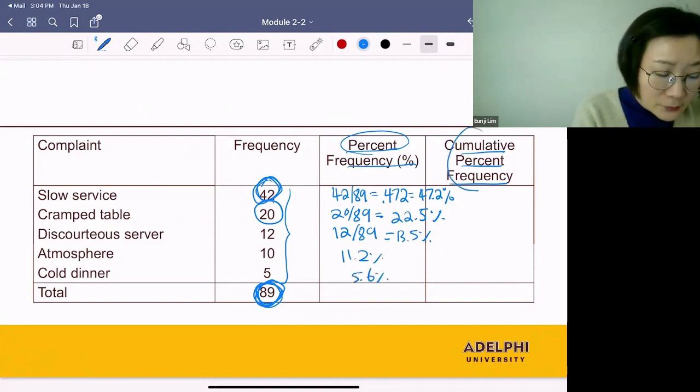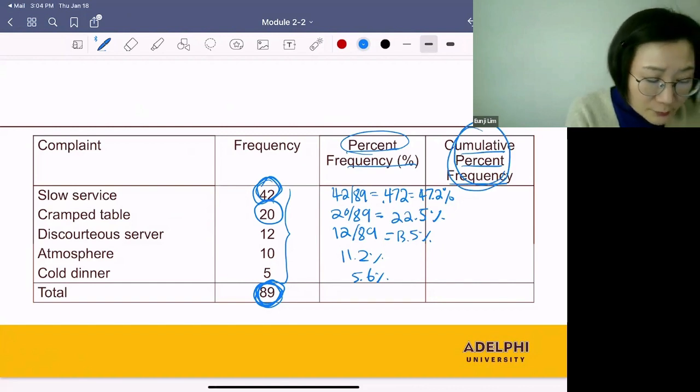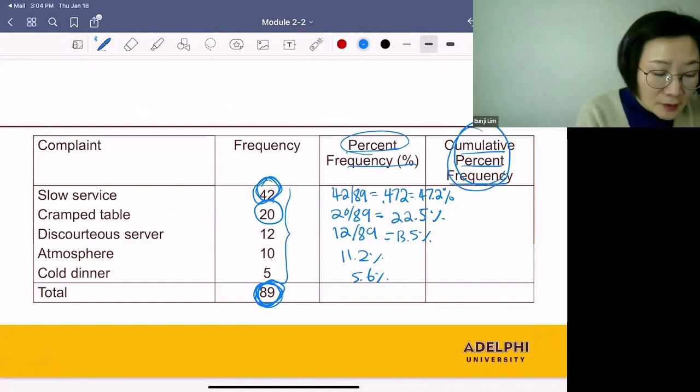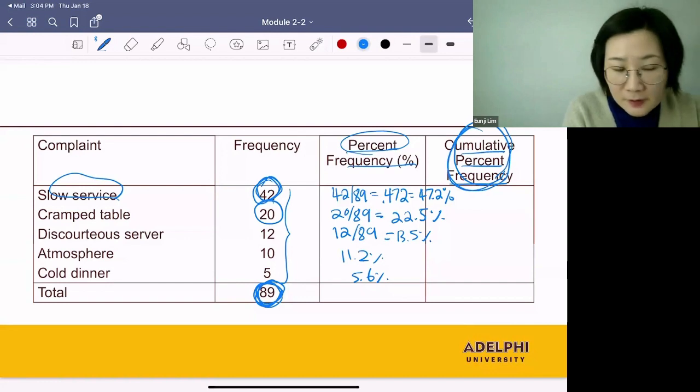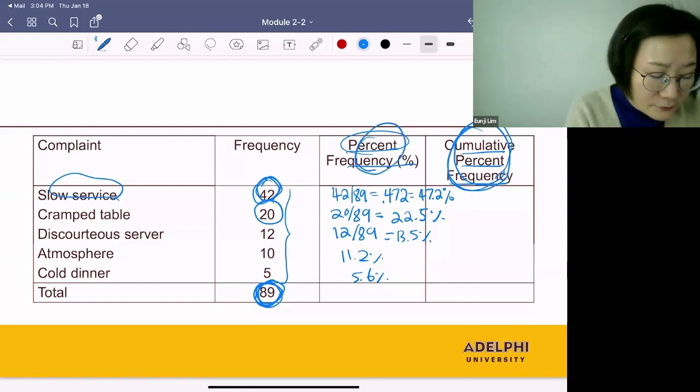Next, how can you compute the cumulative percentage frequency? The cumulative percentage frequency is the sum of previous numbers and the current number. So for example, for slow service, this is the first one on the list. So the cumulative percentage frequency is the same as the percentage frequency.